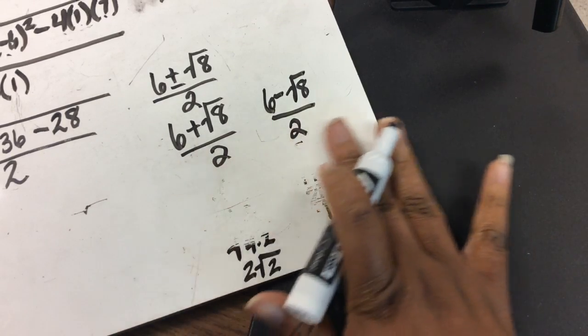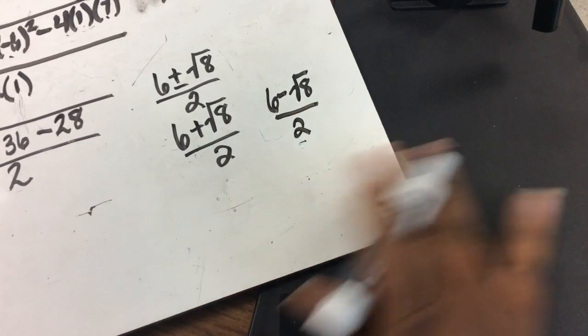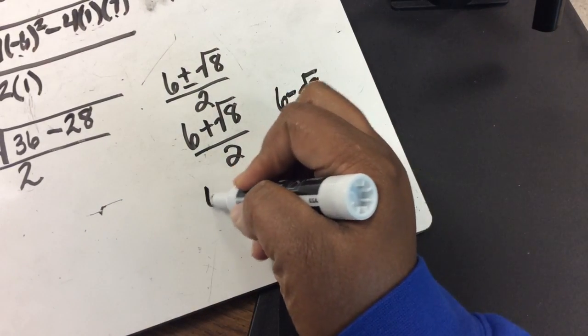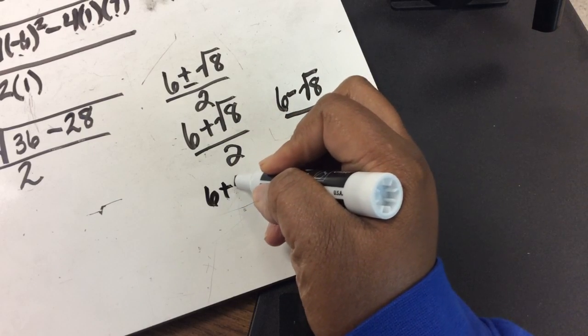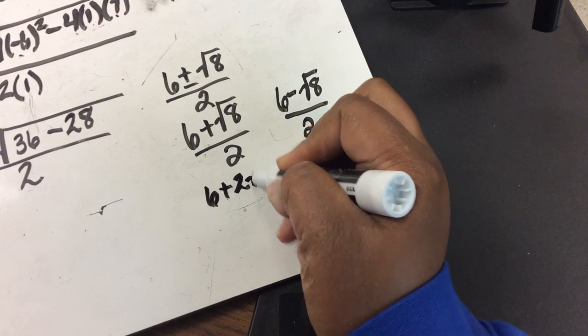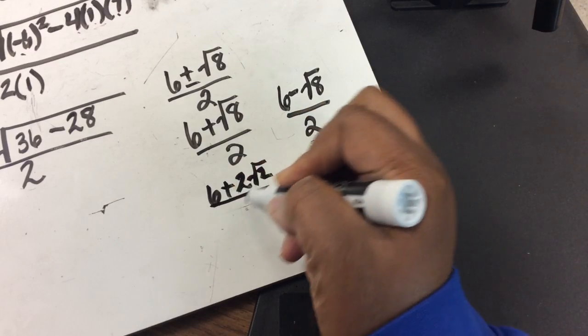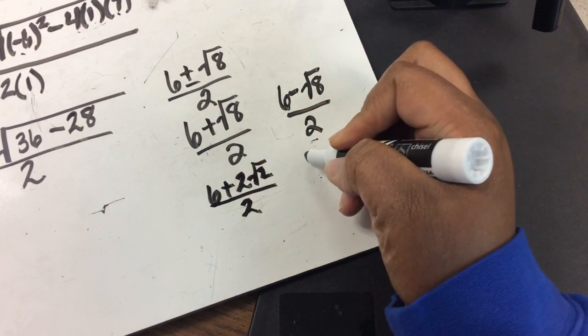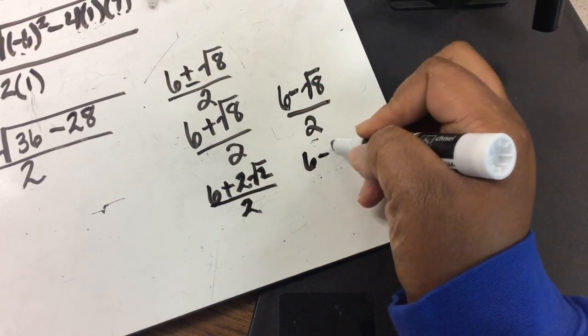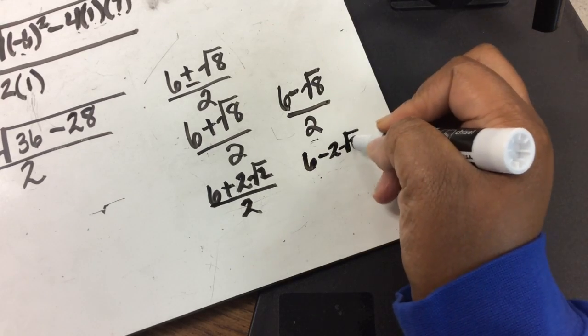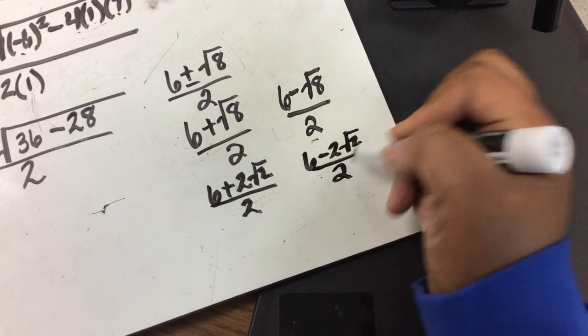So I'm going to get rid of this and write that here. So I have 6 plus 2 root 2 over 2, and I have 6 minus 2 root 2 over 2.